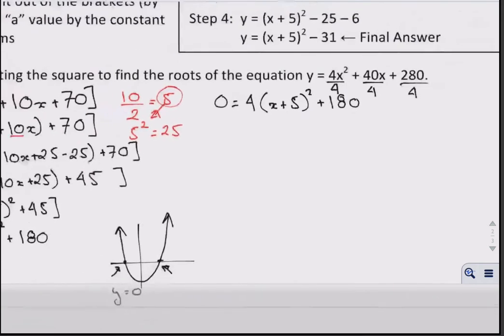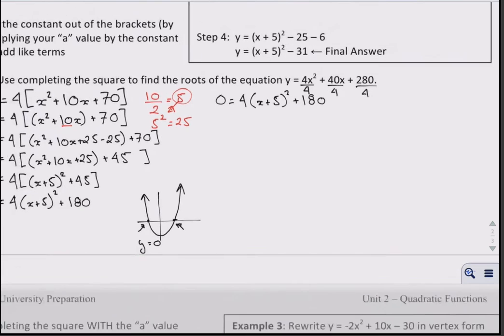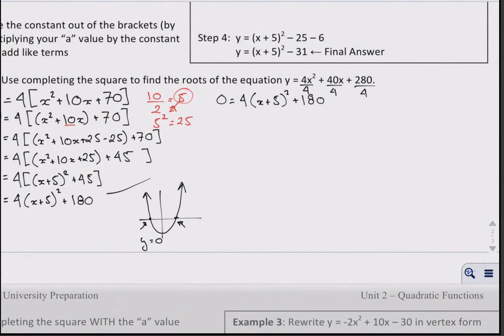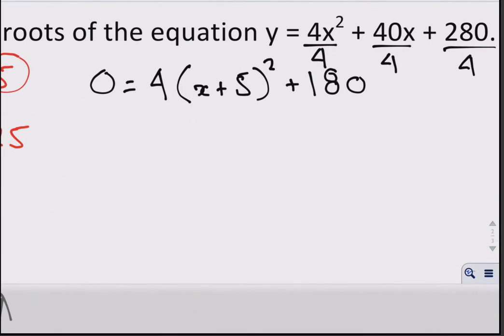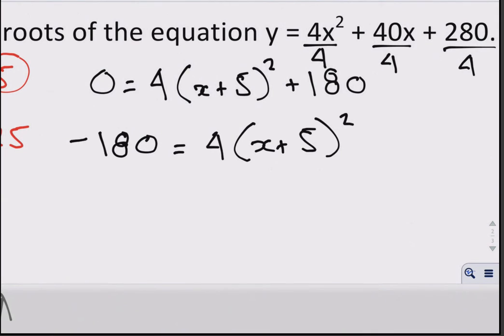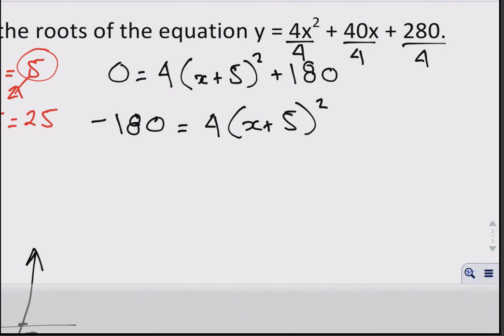So all I did was copy the last equation of my work over here, and set it equal to 0. Now, I'm looking to solve for x. So I'm going to bring the 180 over, and that becomes negative 180. Already, I have a premonition that this is not going to turn out the way I want it to, not because we're wrong, but because this has no roots.